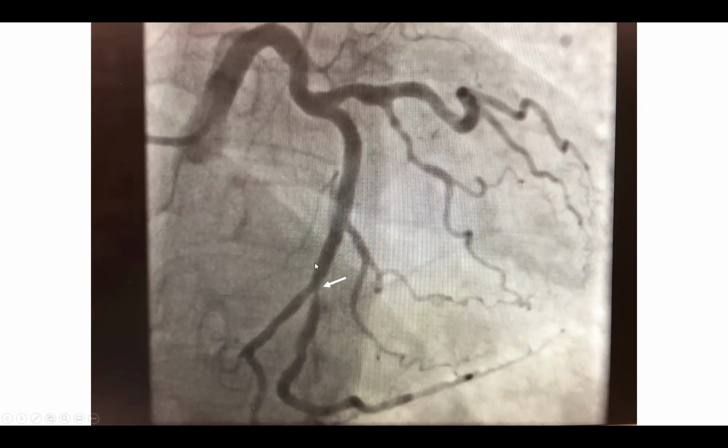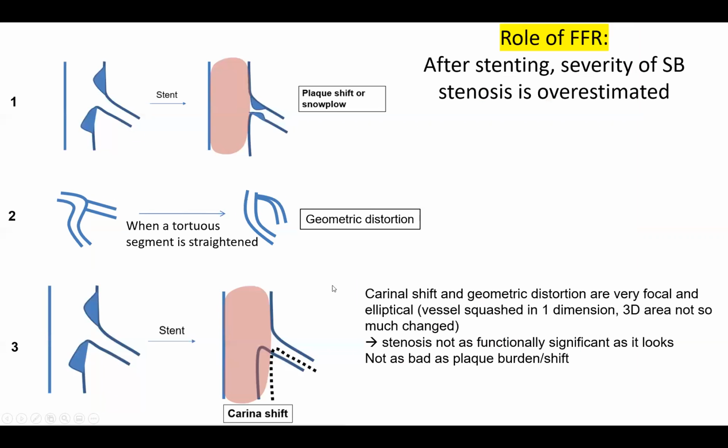The way I would approach this, I would double wire, I would stent from the main branch into the side branch, then do POT of the main branch, and decide whether I need to rewire that main circ and balloon it. I will rewire it and balloon it if it is over 75 to 90% stenotic after POT of that main branch. So I will stent across in this case and provisionally maneuver this one if needed.